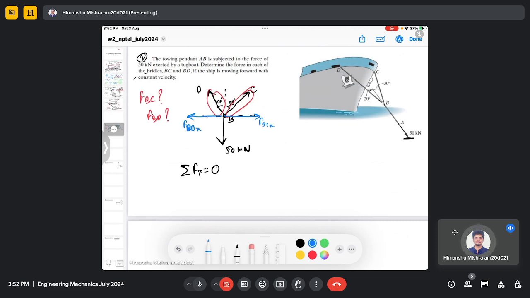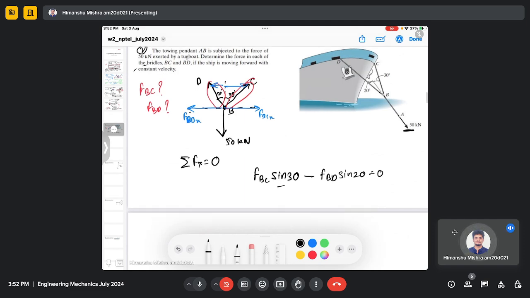So these two are the only components of x which are acting. So it will be FBC sine 30 minus, since this is acting in the opposite direction, FBD sine 20 equal to 0.